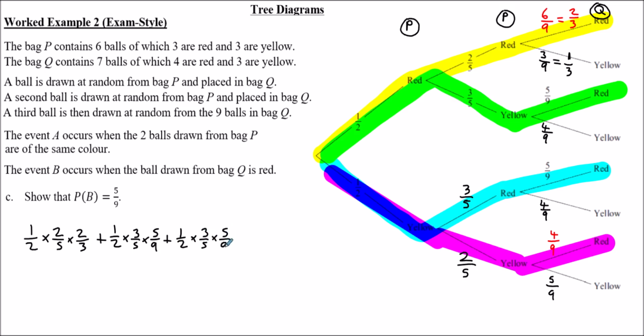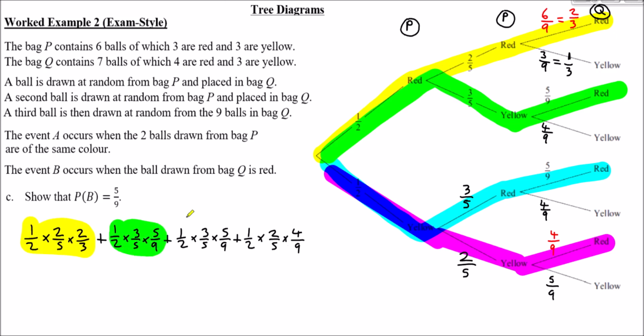And finally the bottom purple route, which is 1/2 multiplied by 2/5 multiplied by 4/9. So just to complete the colour coding on here, the first route was yellow, the second route was green, then a light blue, and the bottom route was purple.